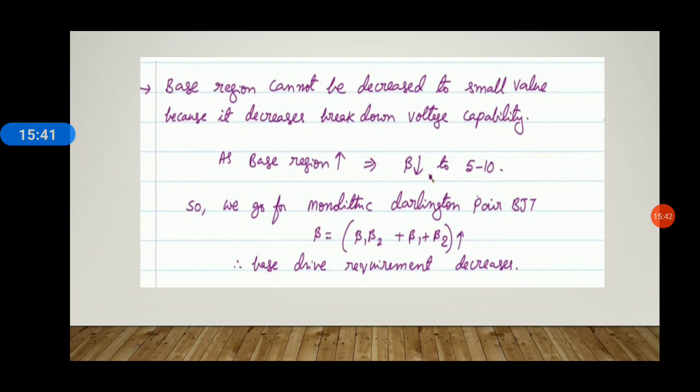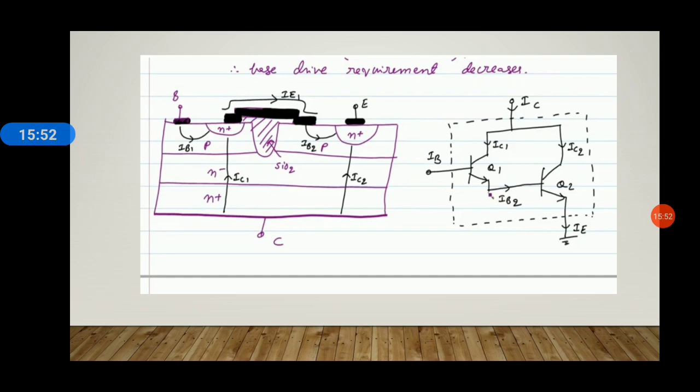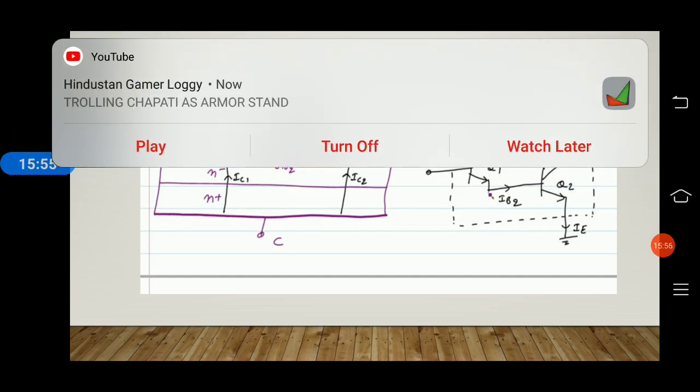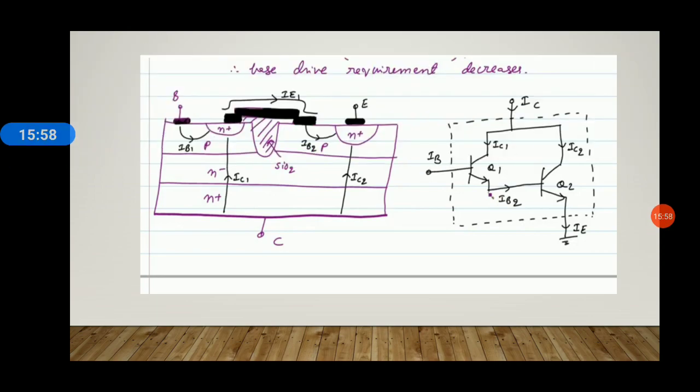That is, we are increasing the beta of the total combination. Now, how are these two BJTs paired in order to form the Darlington pair? This is so that the base drive requirement decreases. Now, this is how two BJTs are connected in order to get the required higher beta.